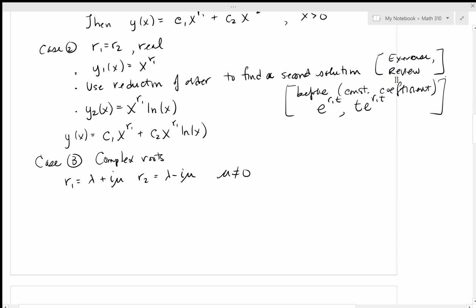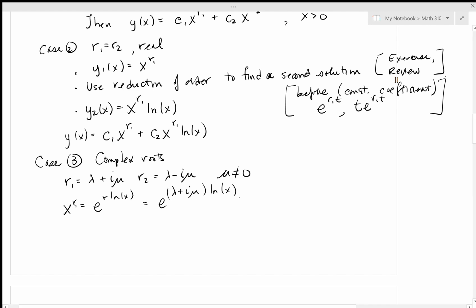In this case, x to the r is e to the r log x, so that is e to the (lambda plus i mu) times log of x. I'm using r1 when I have lambda plus i mu, and r2 when I have lambda minus i mu.